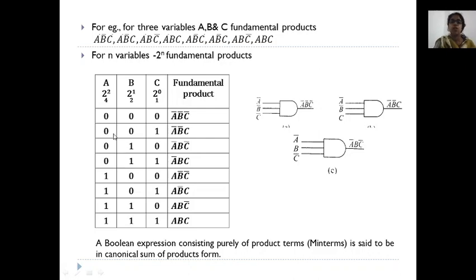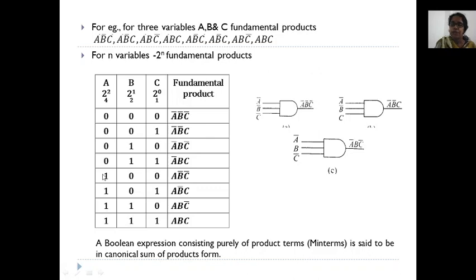Okay. So the first one is 0, so all the entries will be 0. Second one is 1. So the position of 1 should be 1, all the others should be 0. 2: position of 2 should be 1, all the others should be 0. 3 is 2 plus 1, so 2 and 1 should be 1, and then 4 should be 0, that's why 0 1 1.